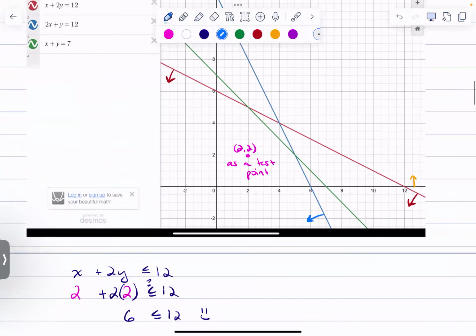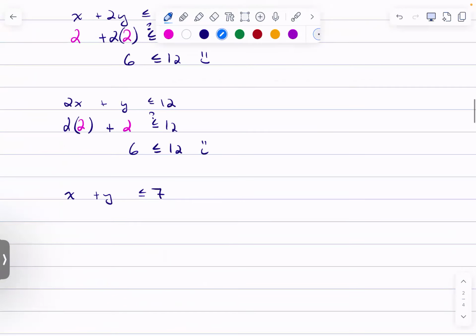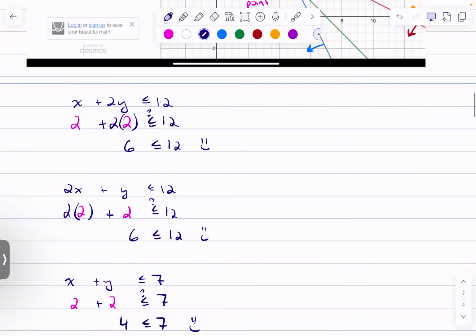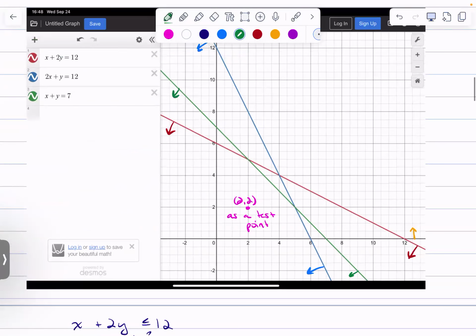Those arrows go this way as well. Finally, the green line. 2 and 2. 2 plus 2, is it less than or equal to 7? 4 is less than or equal to 7. So we're happy. So then finally for this green line, the arrow goes down as well.